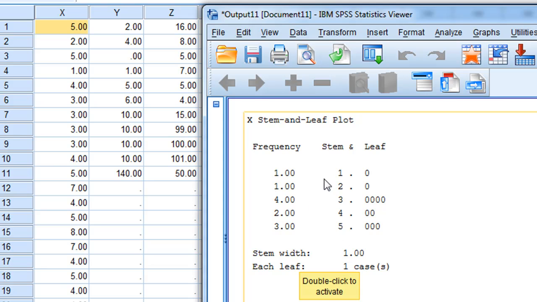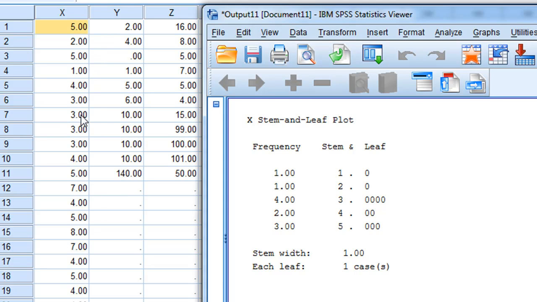position. So when I look at this first line of the plot, I see that there's a frequency of 1, and that's fine. But the stem is equal to 1 and the leaf is equal to 0. So what does that correspond to in this data set?